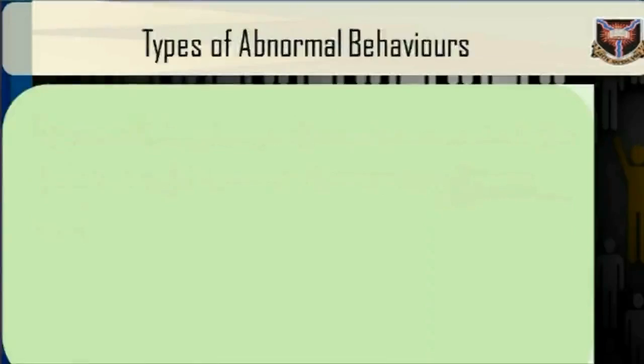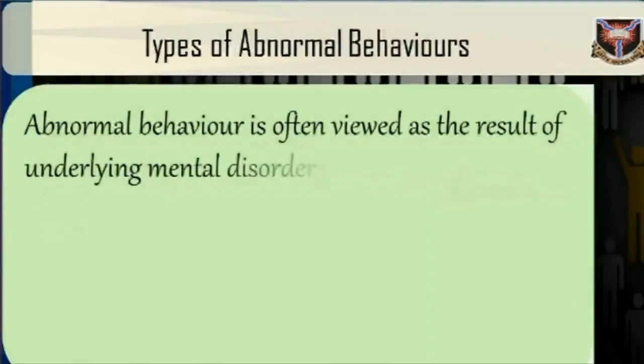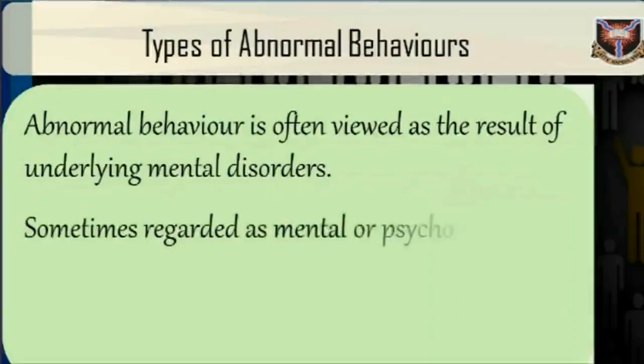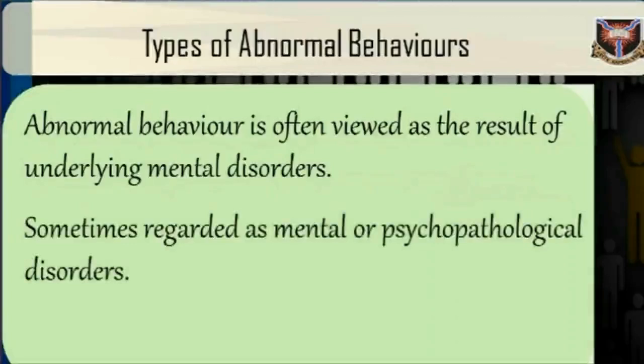Types of abnormal behavior. Abnormal behavior is often viewed as the result of underlying mental disorders. It is therefore sometimes regarded as mental or psychopathological disorders.